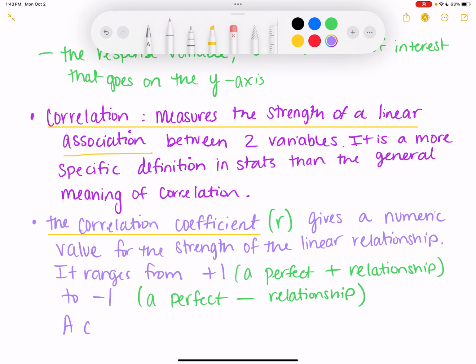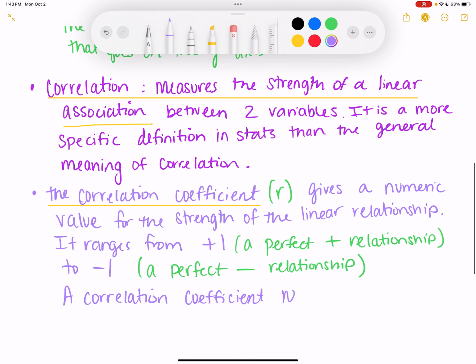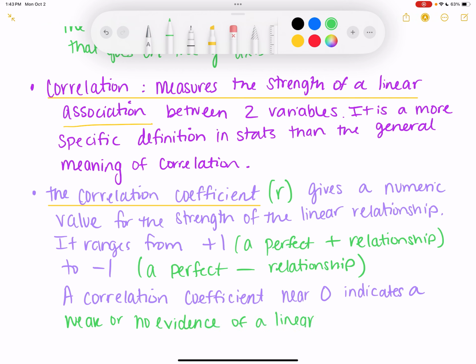Then a correlation coefficient near 0 indicates weak or no evidence of a linear association.